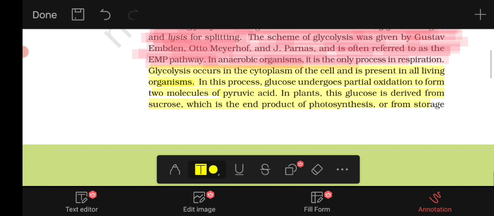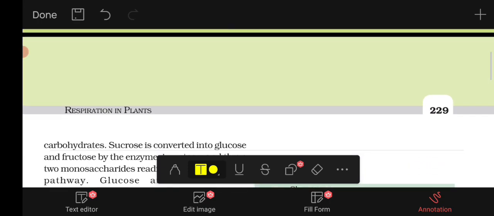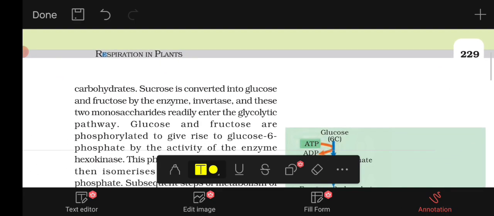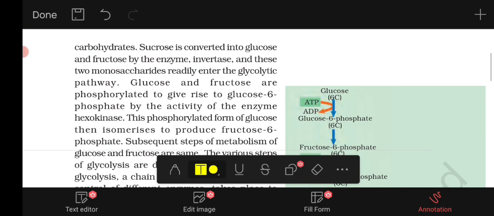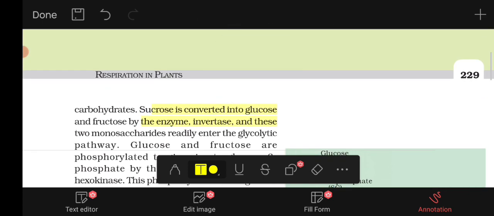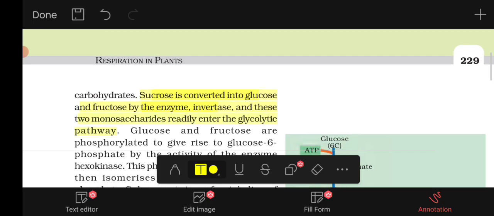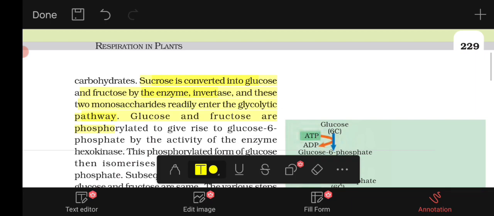In plants, this glucose is derived from sucrose, which is the end product of photosynthesis, or from storage carbohydrates like starch. Sucrose is converted into glucose and fructose by the enzyme invertase, also called sucrase, and these two monosaccharides readily enter the glycolytic pathway. We all know glucose and fructose are isomers of each other.